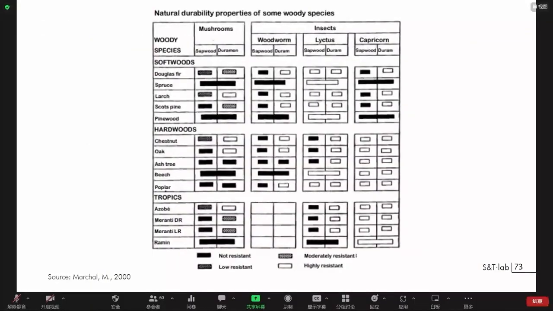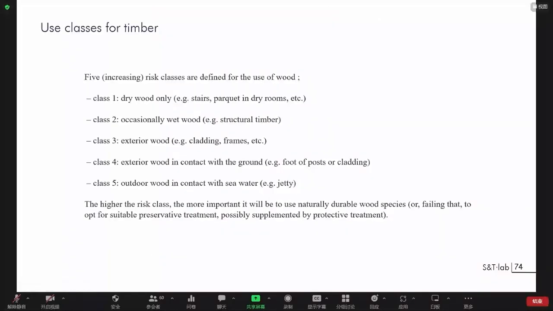You will see also that depending on the nature of the timber and on whether the sapwood and the heartwood are different, you will have attack that would be running through the timber or not running through everything in the timber. Some insects attack some kinds of timber, not others. I won't go into detail about this. You have to keep it in mind.